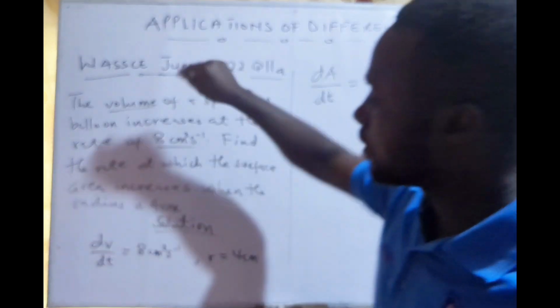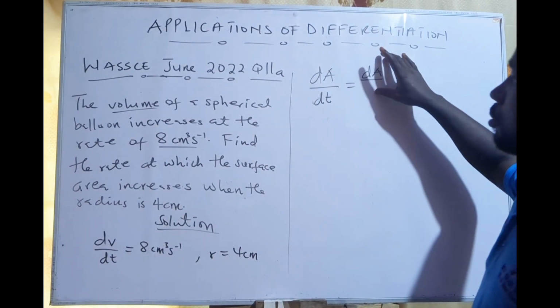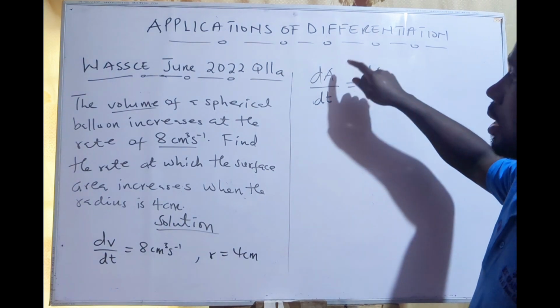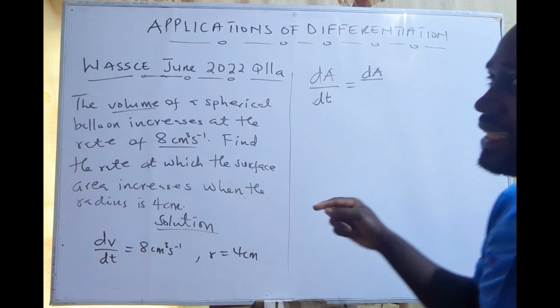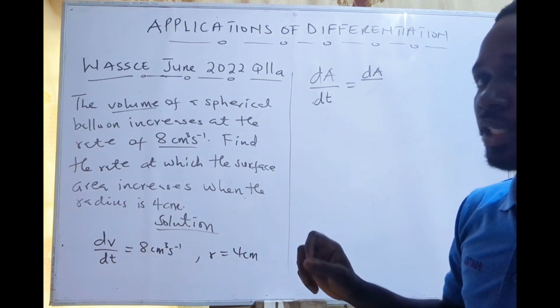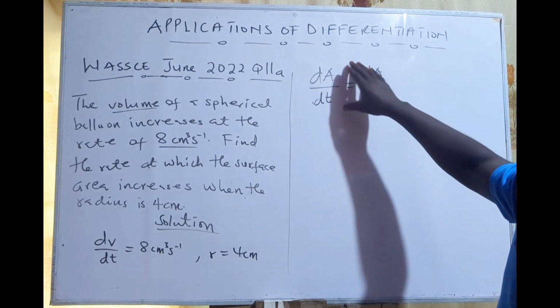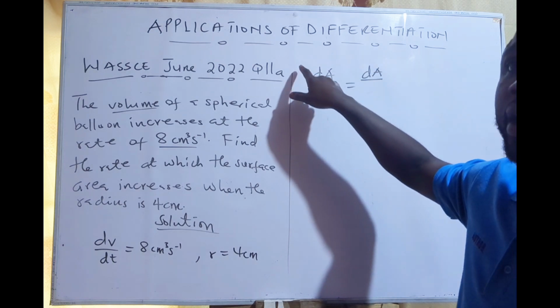Though what is given in the question is the volume with time, what we have to do now is find the area, because the area may change due to the change in the radius. The radius is a part of the formula for the area.